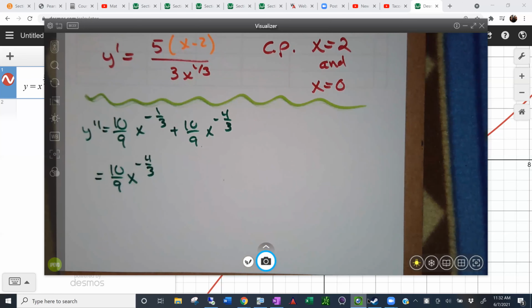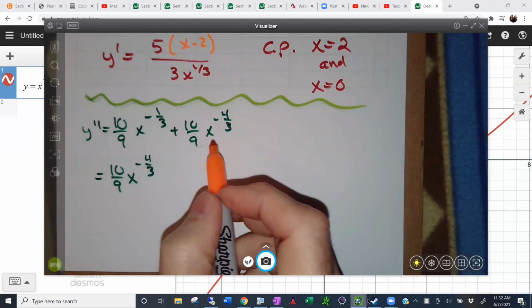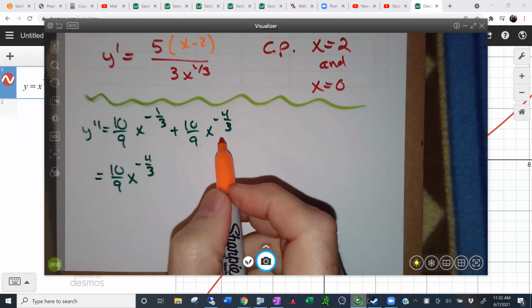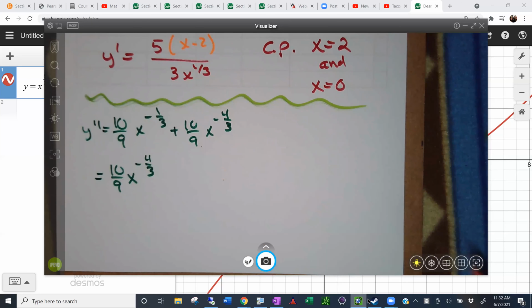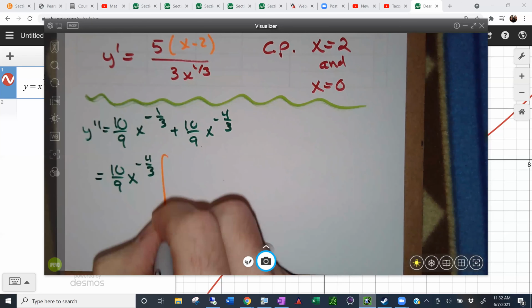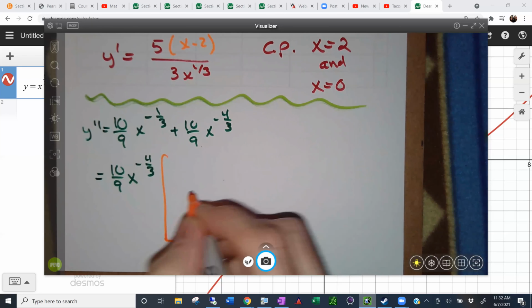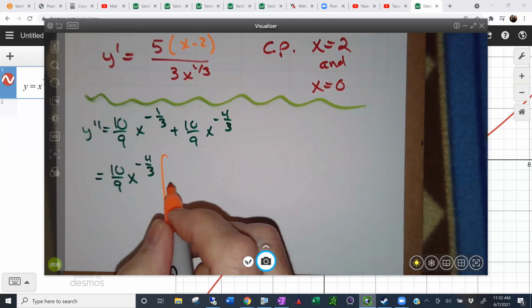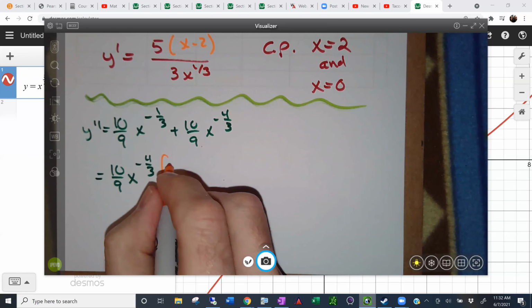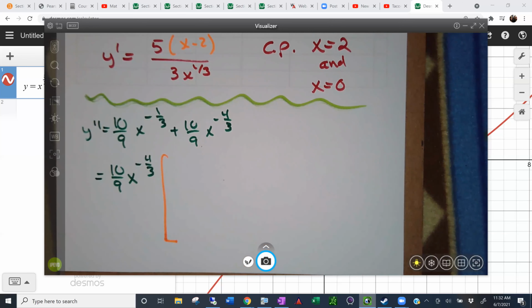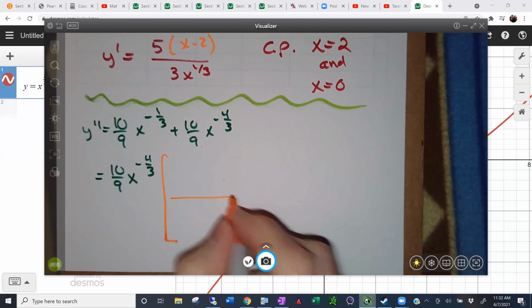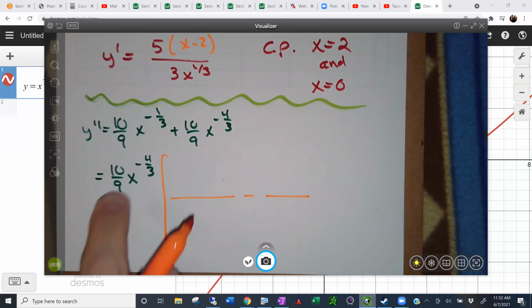So let's do this again. If you can do this in your head, that's great. Really, you're going to be adding 4/3 to both these exponents. I'll show it for those of you who want a little bit more detail. Everything's going to get divided by this term out in front.